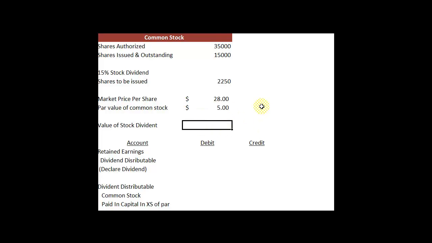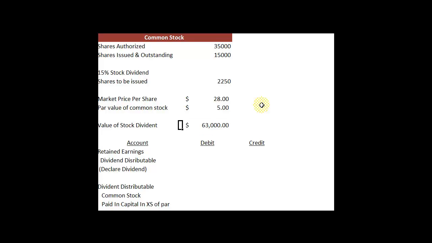Most people at this point get confused as to what's the total value of that dividend that's been declared. We're going to take the 2,250 shares that we're issuing, and we're not going to take the par value. We're going to take the market value. So we've just declared a $63,000 dividend.